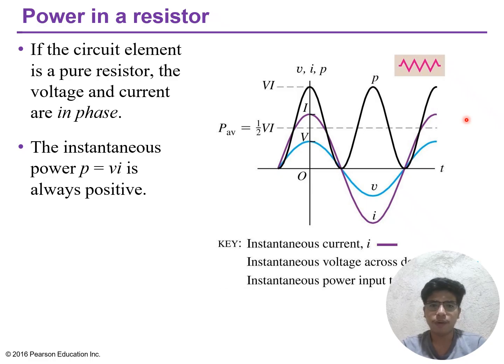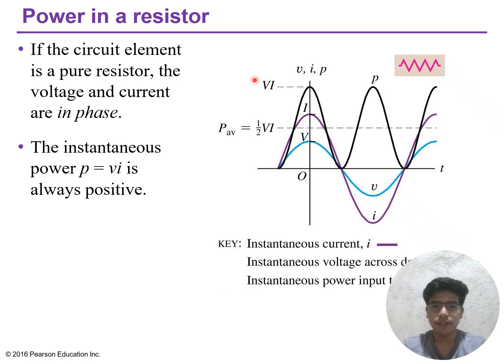The instantaneous power, P(t), is equal to V(t) times I(t), calculated by multiplying these two in-phase sinusoids to form the black curve, as you can see. So the black curve is always positive, never going below zero.